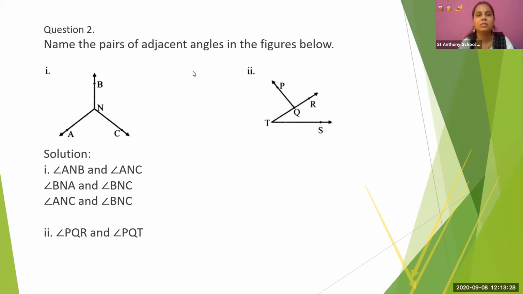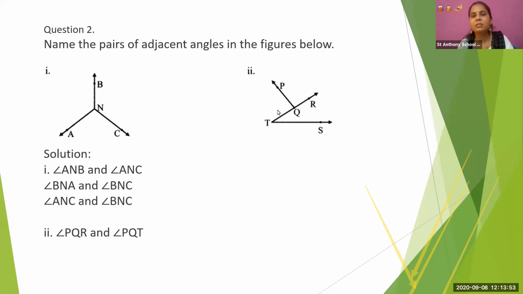So these are adjacent angles. Angle BA and angle BC. So BN is common, so BA and BC are the adjacent angles. Angle CA and angle CB. These are the adjacent angles. So these are the three pairs of adjacent angles.